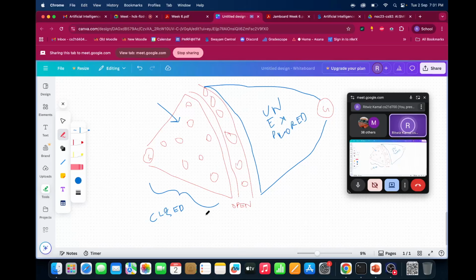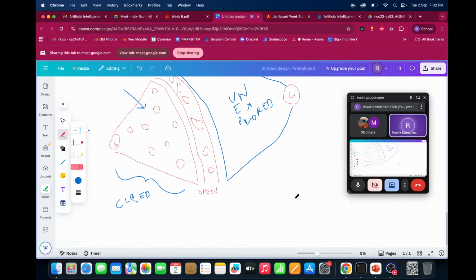Let's say you have limited memory and you can't keep track of all the millions of nodes that you have already explored in the closed list. Let's say your memory allows you to store only a few, say 4 or 5 nodes at a time. Then what do you do? You have to choose a way to get rid of the nodes in the closed list that you don't require immediately.